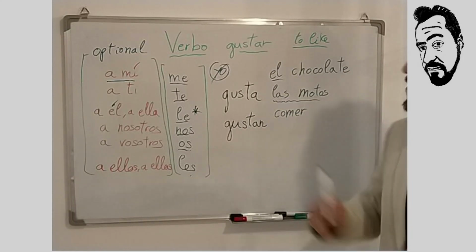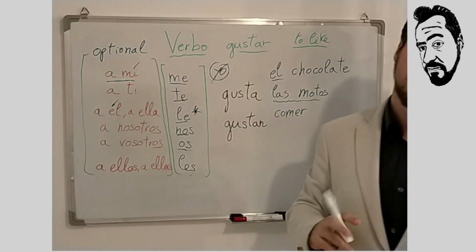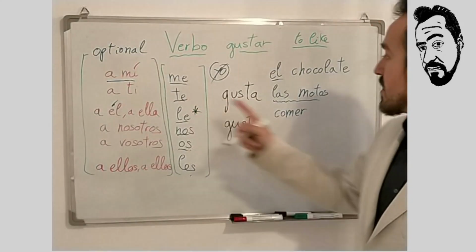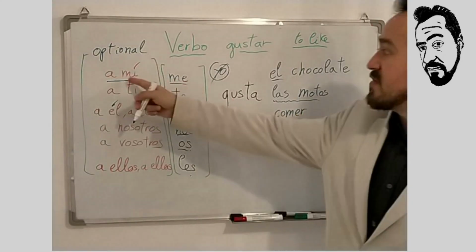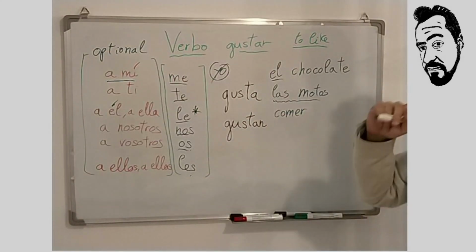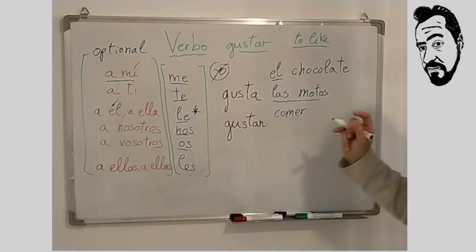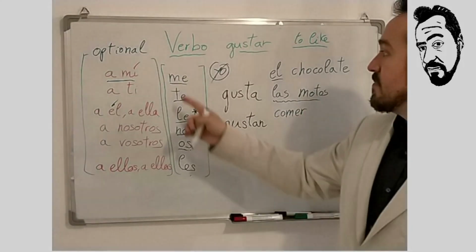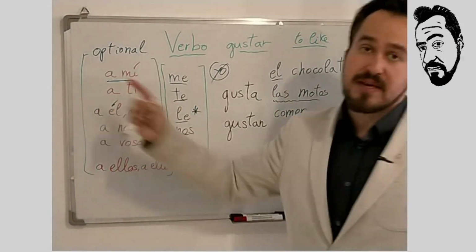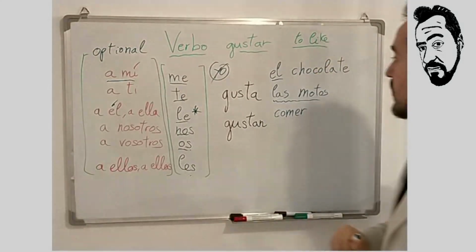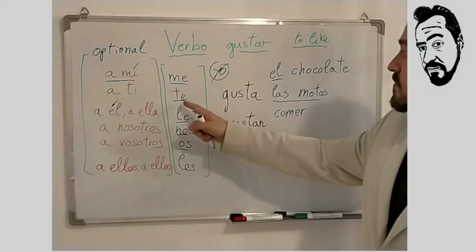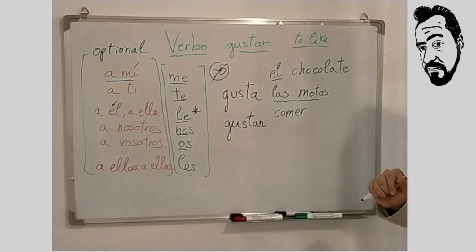Now we're gonna say motorbikes or motos. Okay? I like motorbikes. A mí me gustan las motos. Me gustan las motos. Okay? O even, me gustan las motos a mí. You like motorbikes. Te gustan las motos.